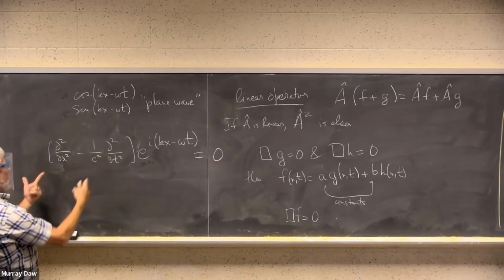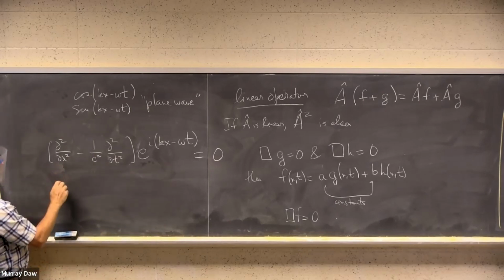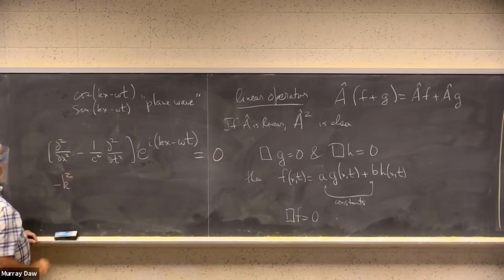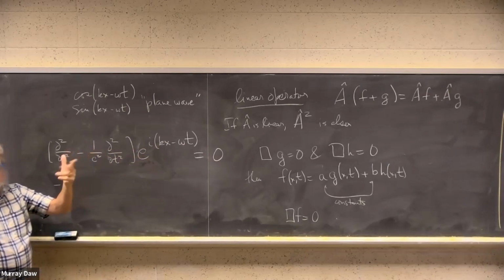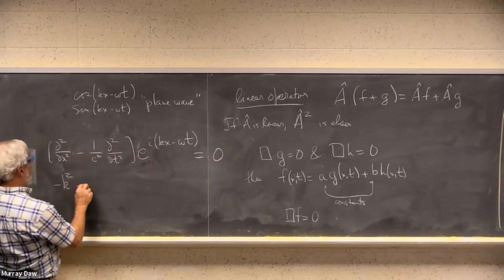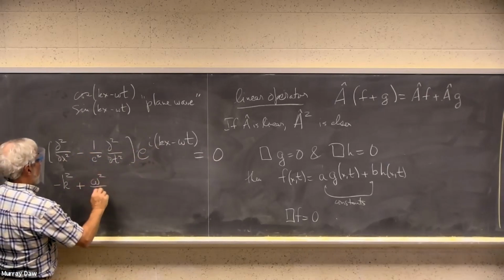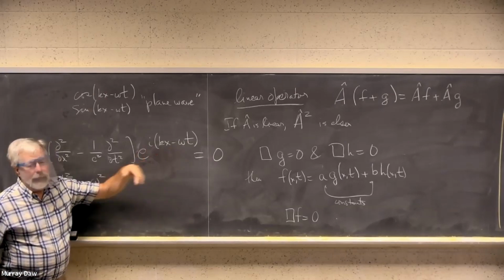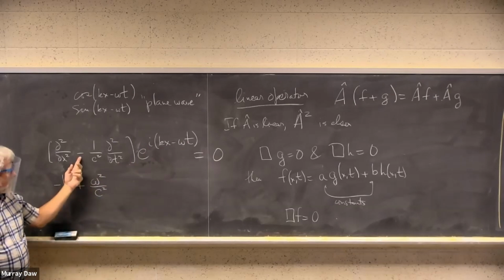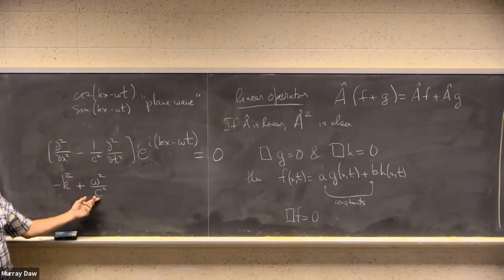If I substitute this into here, and I get the two derivatives in x, I get negative k squared, and that's because I get ik squared, right? That gives me a negative k squared. And then I get a plus omega squared, that's because I get a negative i omega squared. With a negative sign, you've got to keep track of all your negative signs.